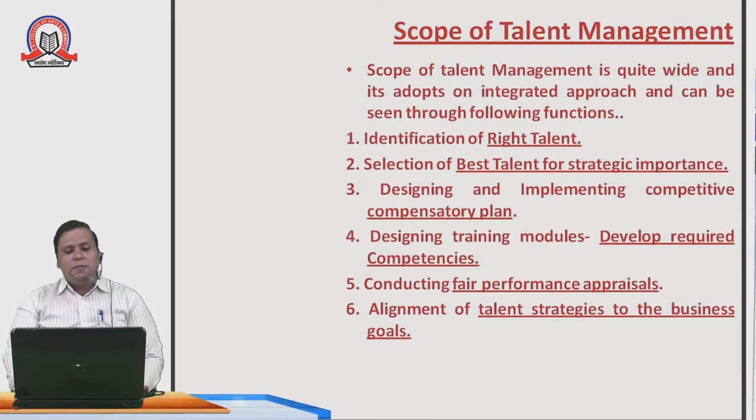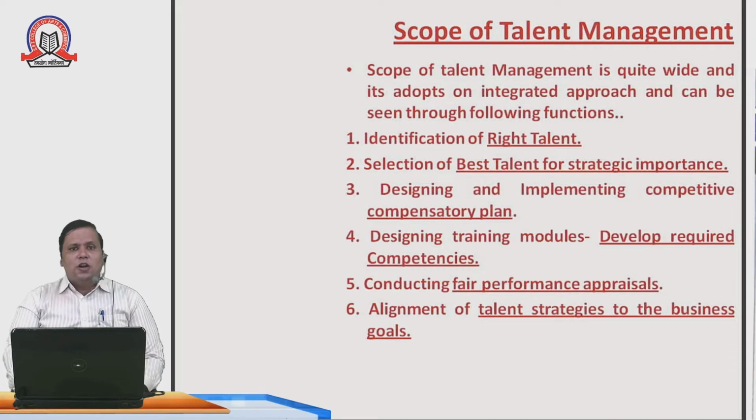Sixth is alignment of talent strategies to business goals. As I mentioned earlier as well, whatever we do in an organization is to achieve the business goals. There are no free lunches in life, there are no free desserts in life.